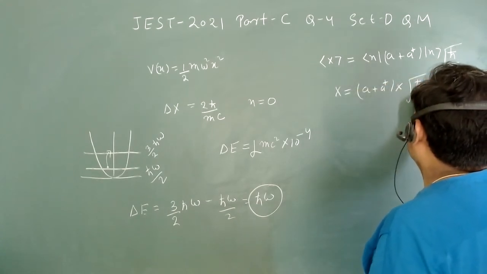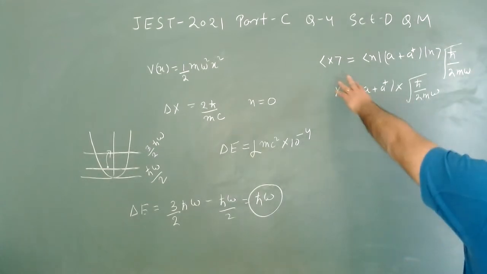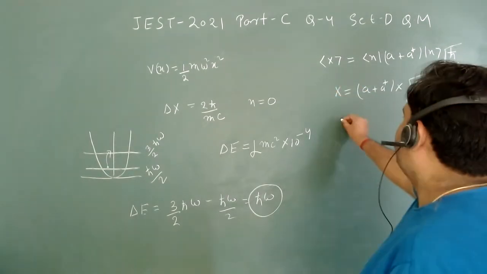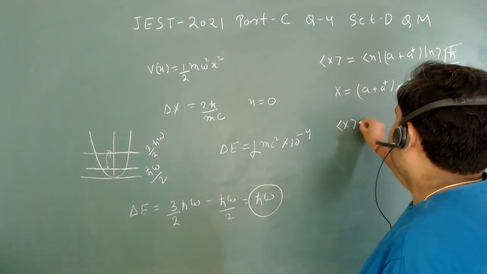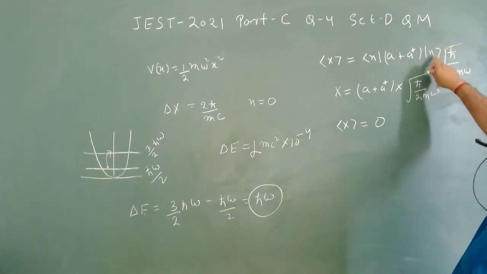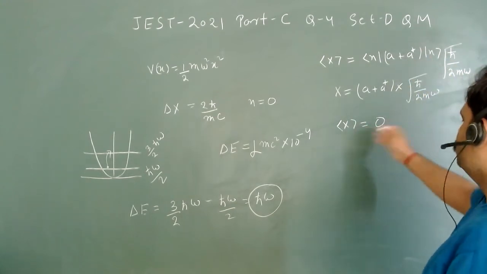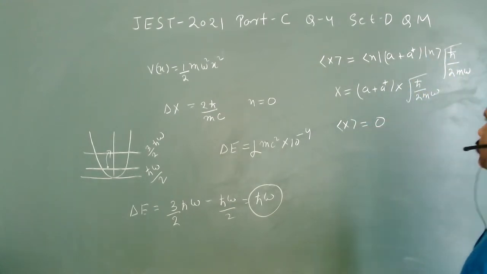From here we can calculate the value of x, and fortunately we get the expectation value of x equal to 0, because the expectation value of a on any state n is 0, and the expectation value of a dagger on any state n is 0.